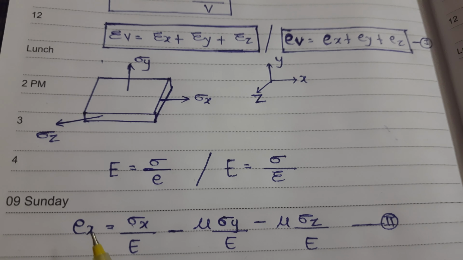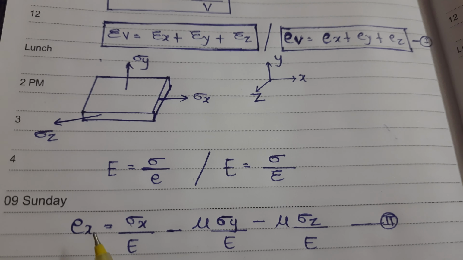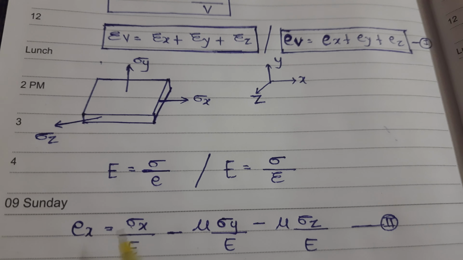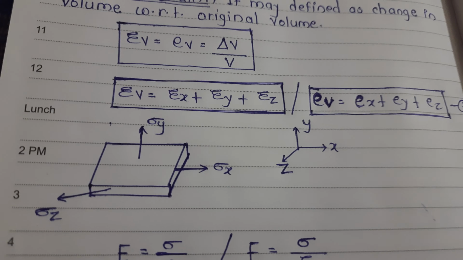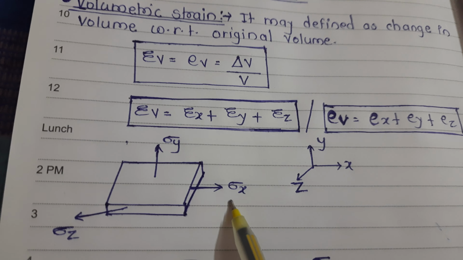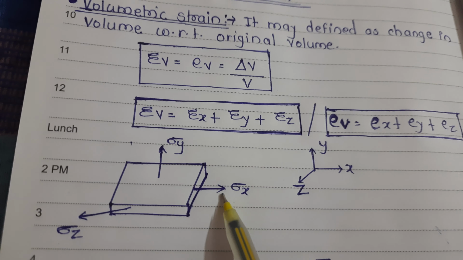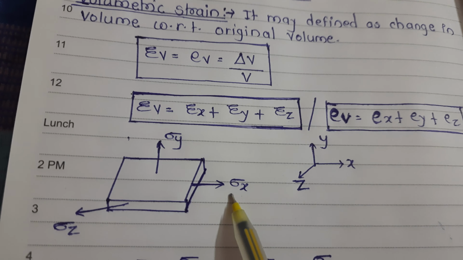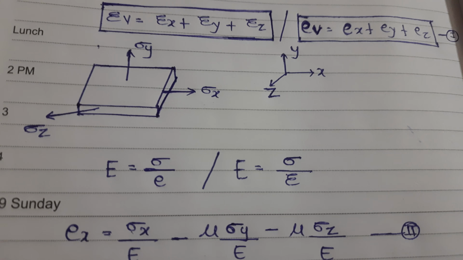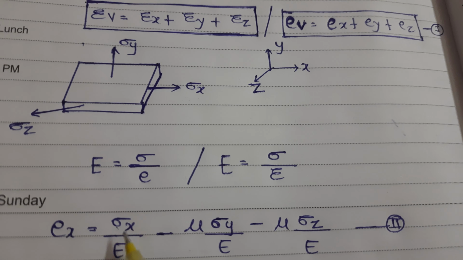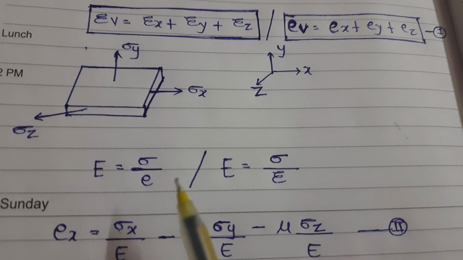Now for the first equation, Ex. When we have to calculate strain in x direction, the linear strain is sigma x upon E. Why?